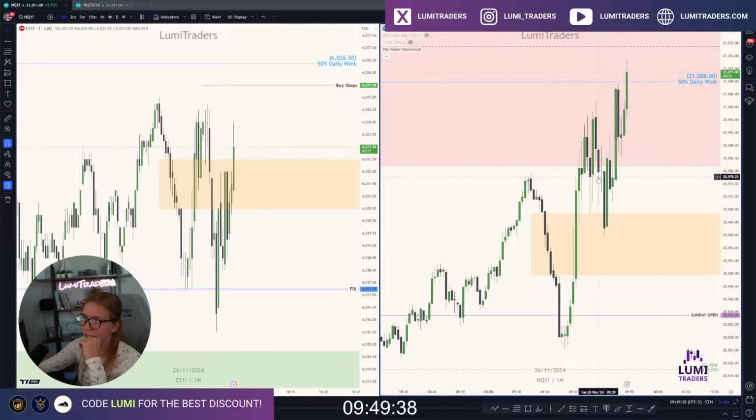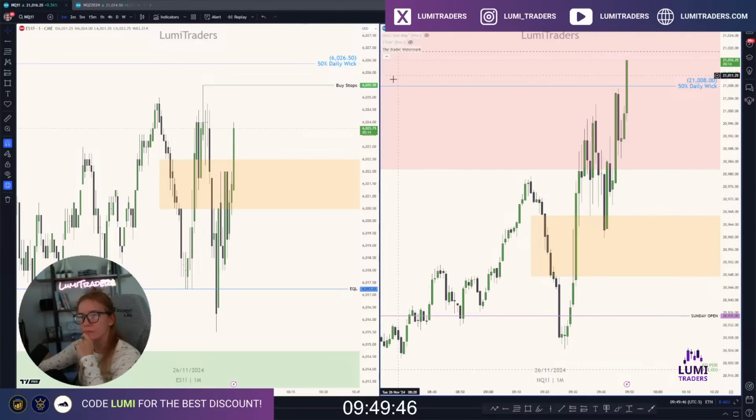That's a garbage truck. I'm so sorry, guys, if you can hear this. Nice move up from this inversion, nice break below these equal lows.